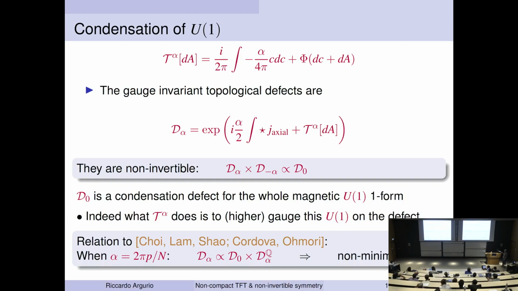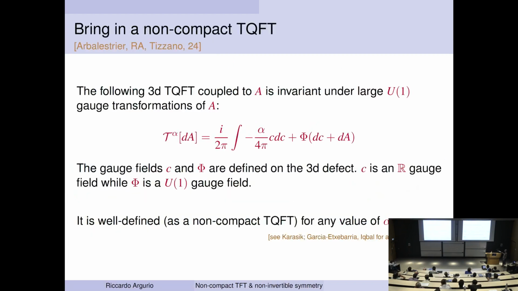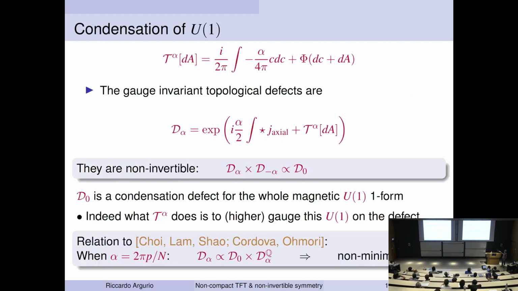Okay? So now I can cite Nameki and friends, where there was a similar proposal achieving the same thing, but a different proposal. We can elaborate on the difference later. So these defects are also non-invertible.